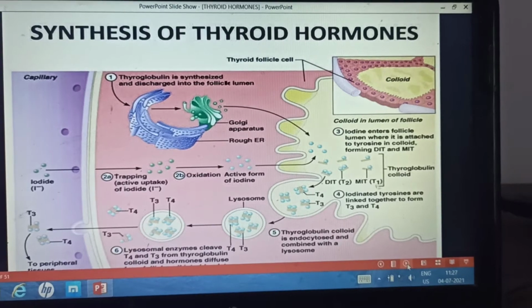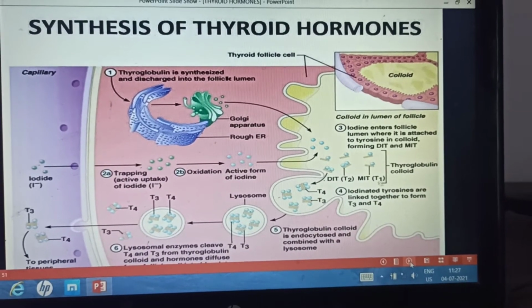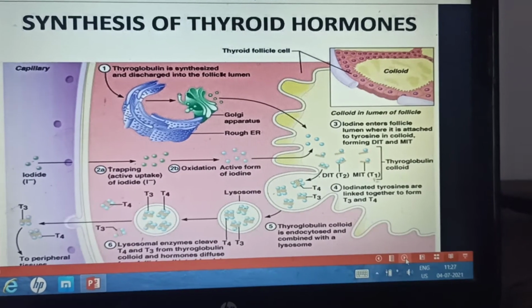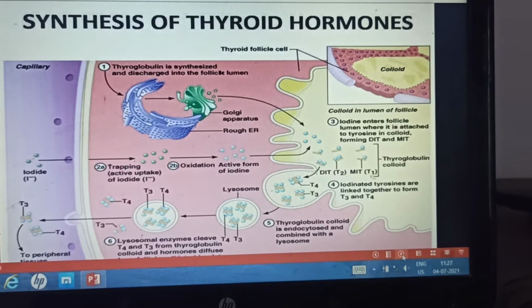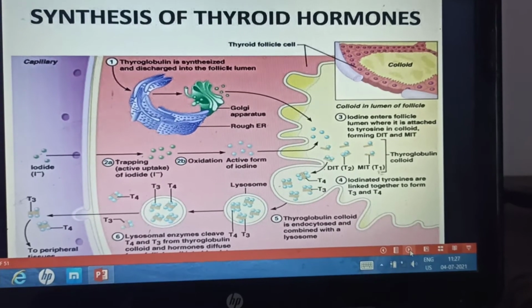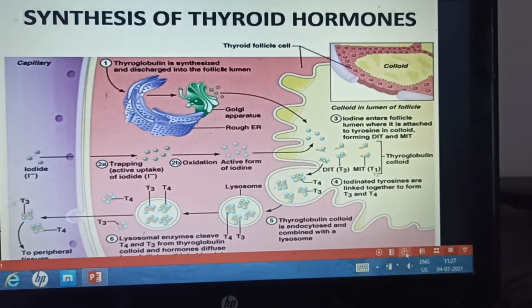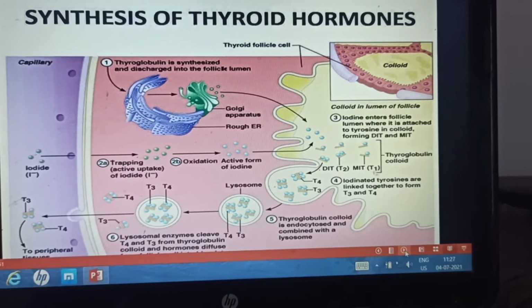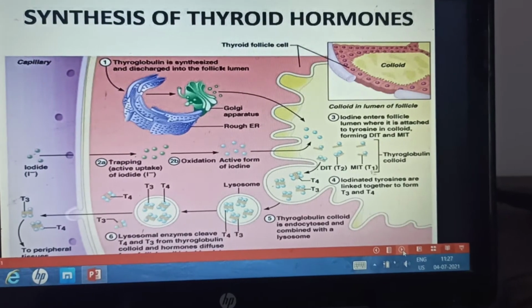Iodine enters the follicular lumen and it is attached to the tyrosine in the colloid. That means there is an iodination of the tyrosine residues of the thyroglobulin molecule to form MIT and DIT. So this step is also called iodination or organification of the tyrosine residues. This is also catalyzed by the peroxidase enzyme.